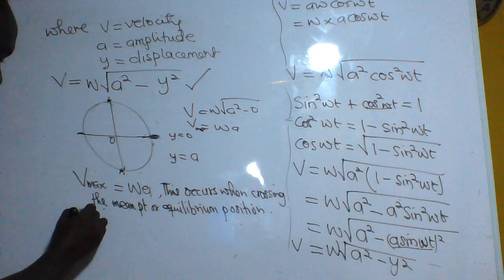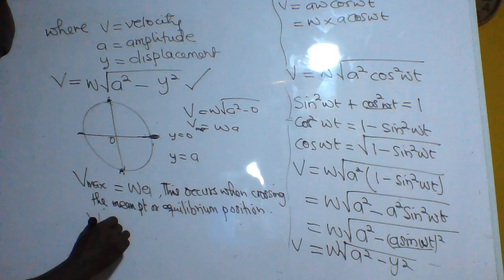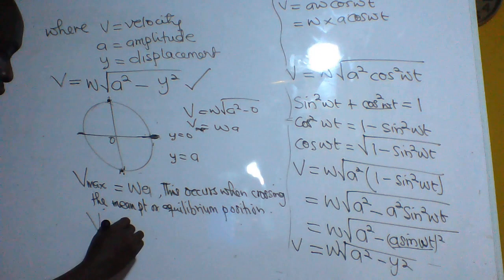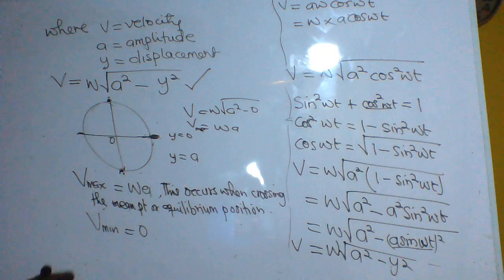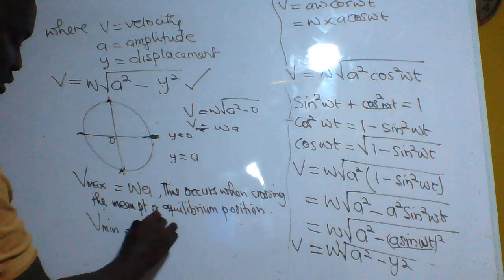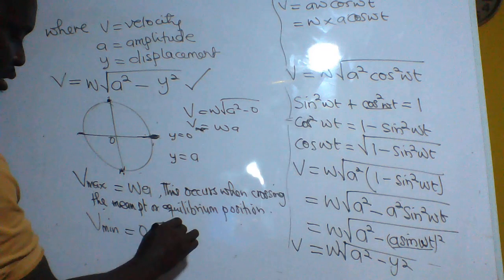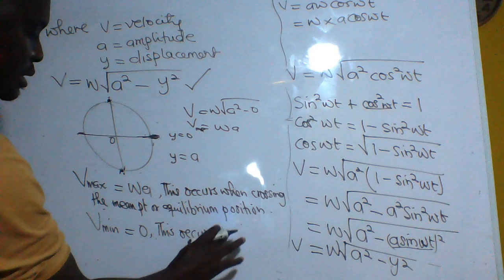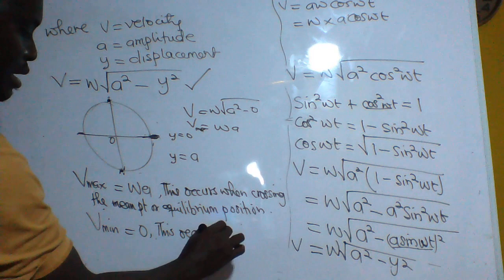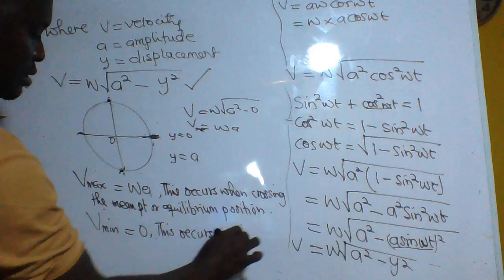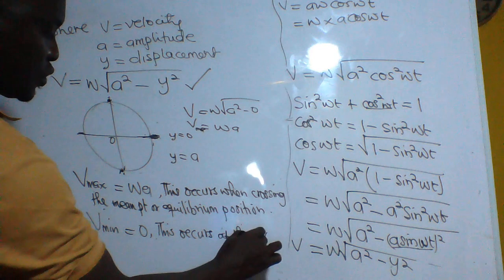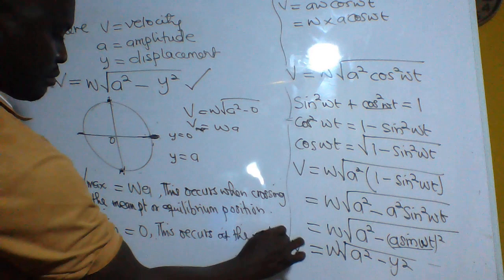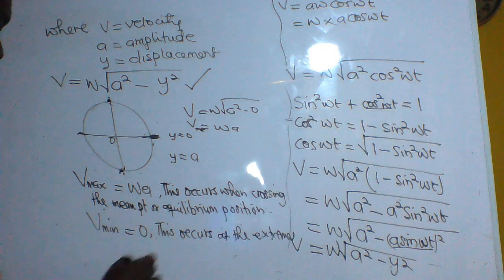Then minimum, v minimum is equal to 0. This occurs at the extremes. Why?